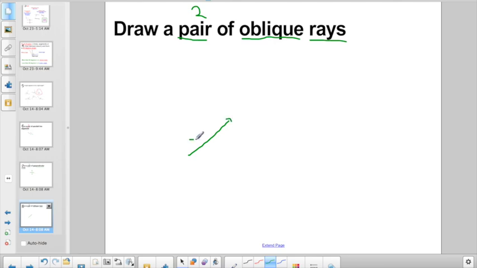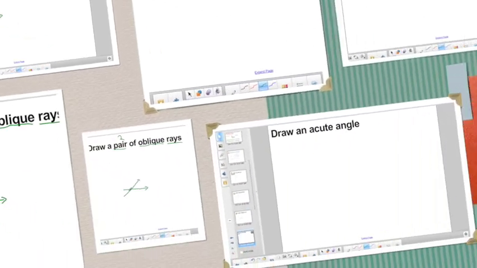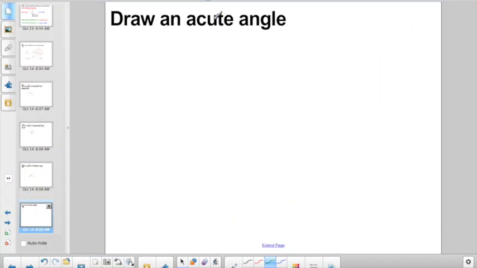And I'm going to make sure that the next one, when he intersects or touches, does not form a right angle at all. There are many, many ways to do this. What you need to focus on is that there are two, they're oblique, they touch and don't make any right angles, and I used rays.